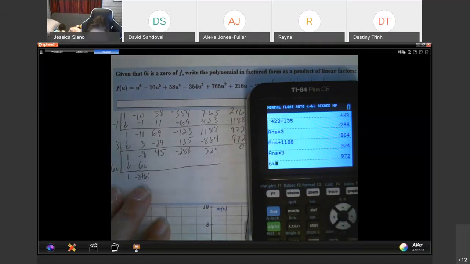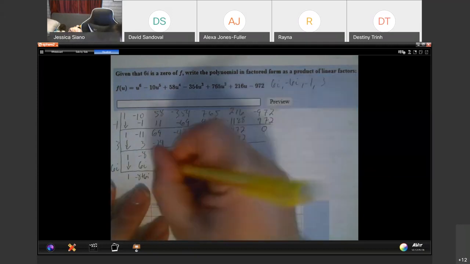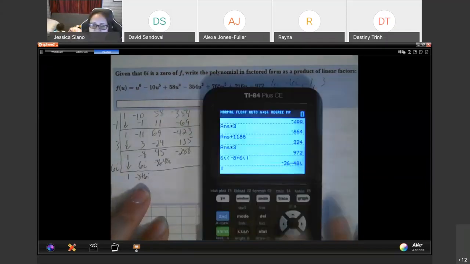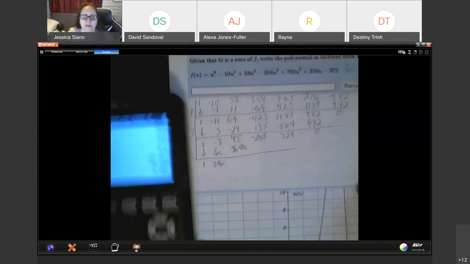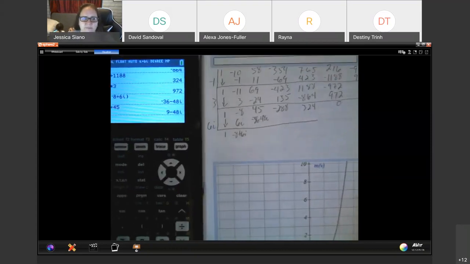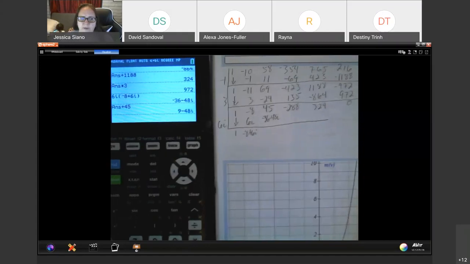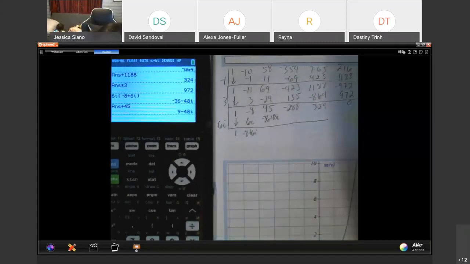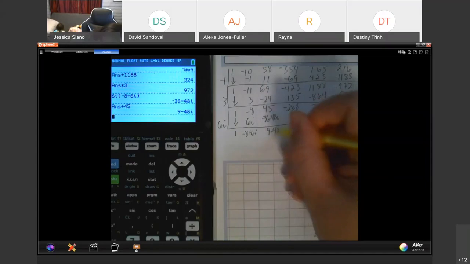So 6i times negative 8 plus 6i: negative 36 minus 48i. And then we add 45 to that. Put this over here so that I don't have to keep moving it. There we go. So now I have 9 minus 48i.